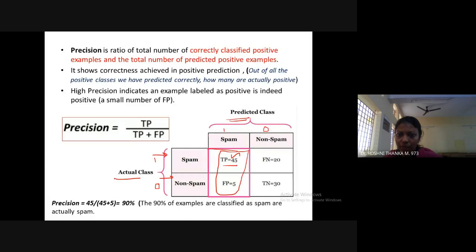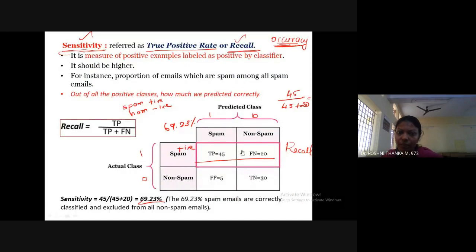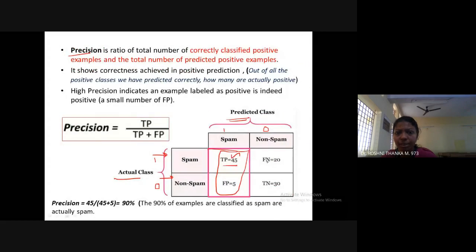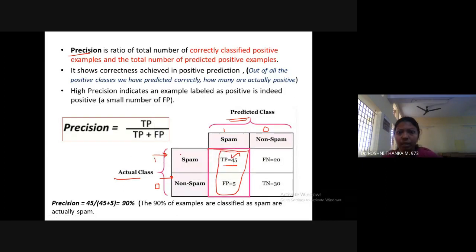So I will repeat what precision means. Earlier, what we found was sensitivity: in the actual value, how much is correctly predicted. Here in precision, out of the total number of predicted values, how much is correctly predicted. That is precision. The formula is TP divided by TP plus FP.